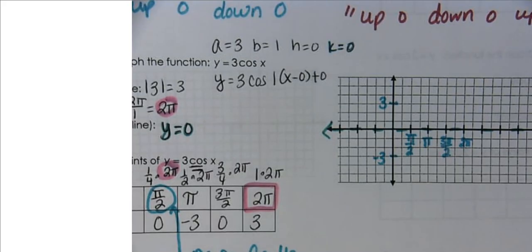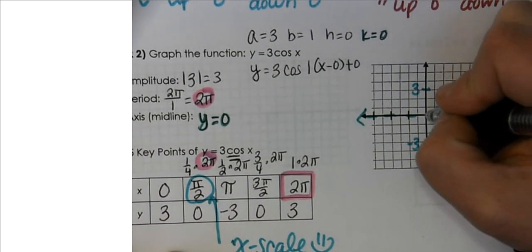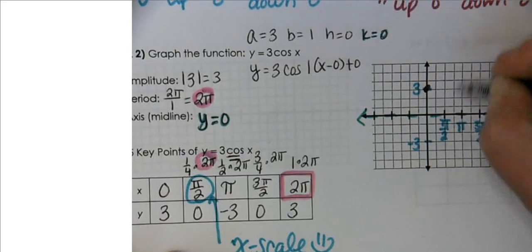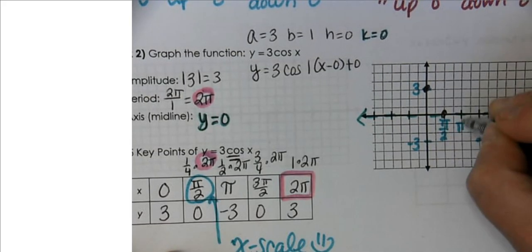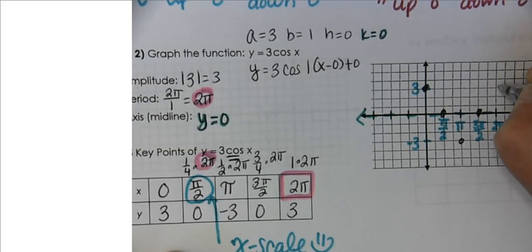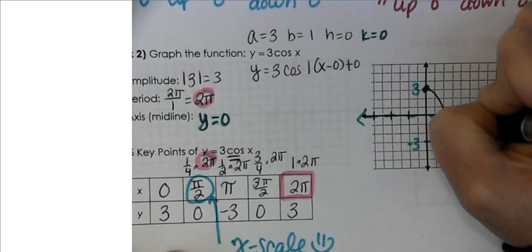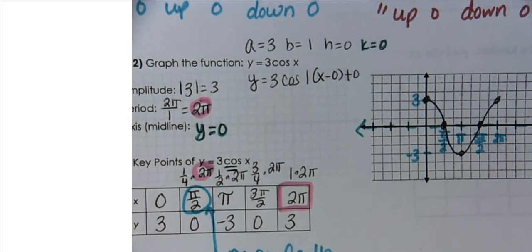So now that I have my scale labeled, we are ready to plot these ordered pairs. I'm going to plot (0, 3), (pi over 2, 0), (pi, -3), (3 pi over 2, 0), and (2 pi, 3). To the very best of my ability, I am going to connect these points, and I am going to highlight them.